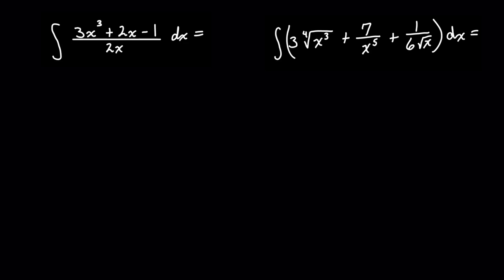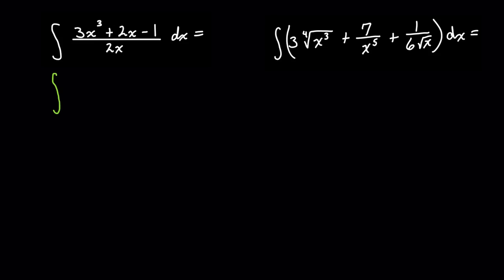All right, so on a problem like this one, whenever you have a polynomial which is more than one term over a monomial which is just one term, you can separate this into 3 fractions.